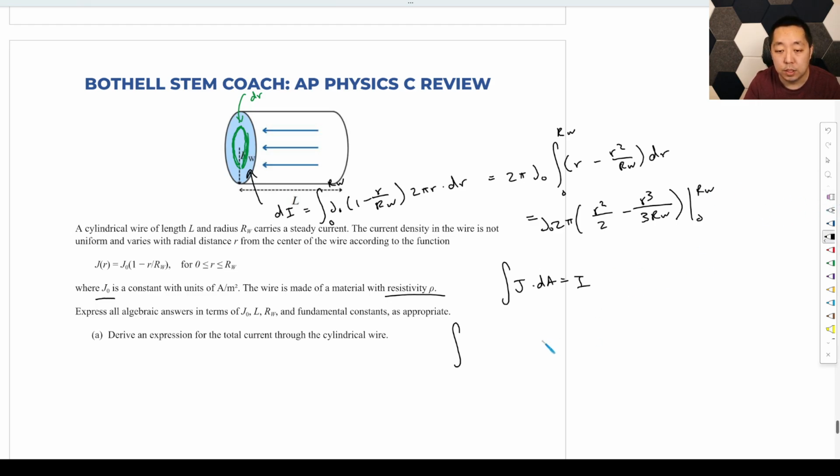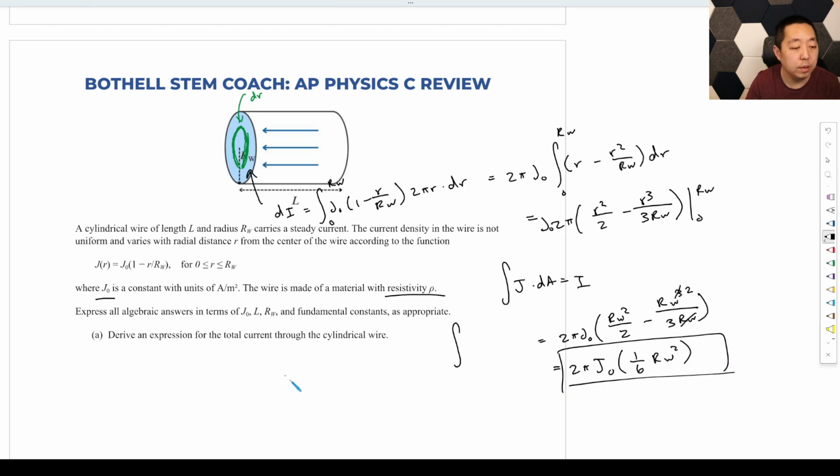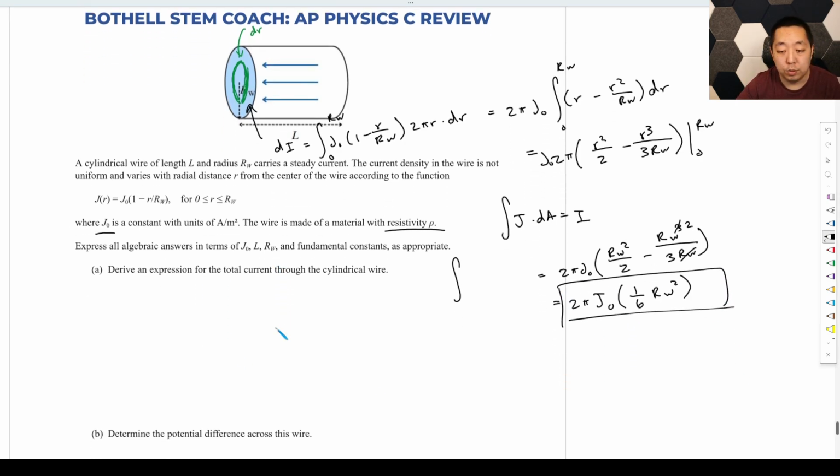If you plug in RW, you get RW squared over 2 minus RW cubed over 3 RW. If you plug in 0, you just get 0. So this is 2 pi J0 RW squared, and the RW cancels, so 1/2 minus 1/3 is 1/6. The total current is 2 pi J0 RW squared over 6. That's the total current going through the wire.